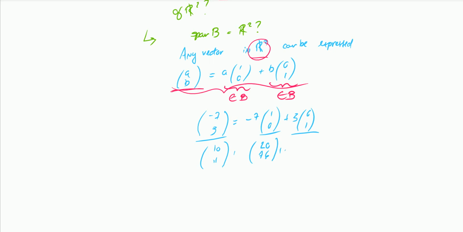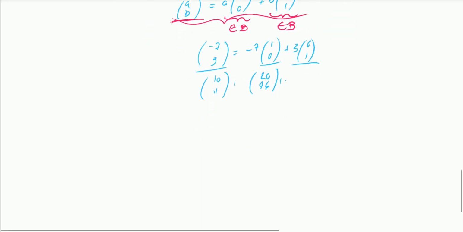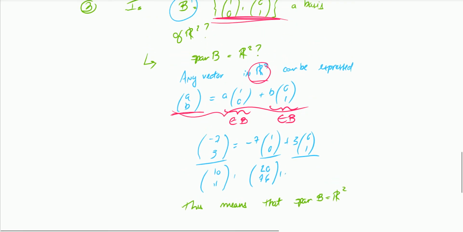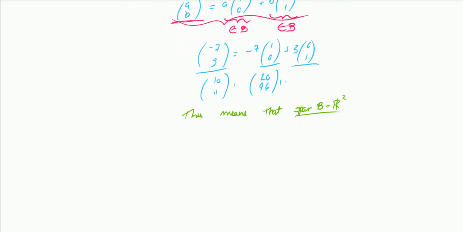Any vector in R2 can be represented as a linear combination of the vectors in B, meaning that span B equals R2. Okay, so that's the first condition.